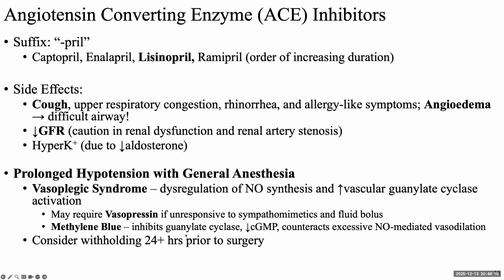It inhibits guanylate cyclase, which will help decrease our levels of cyclic GMP and essentially counteract the excessive nitric oxide mediated vasodilation that's going on here. Now, best practice, it is recommended that patients withhold their ACE inhibitors 24 hours prior to their surgery if they're receiving general anesthesia.